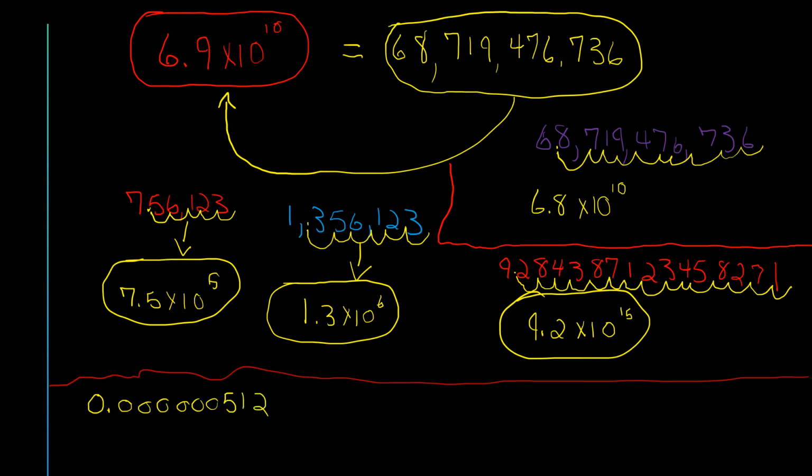Check this out: 1, 2, 3, 4, 5, 6, 7. You stop right there, at the first number you run into. So you get 5.1 times 10 to the negative 7th power. We're going in a different direction. 5.1 times 10 to the negative 7th power.